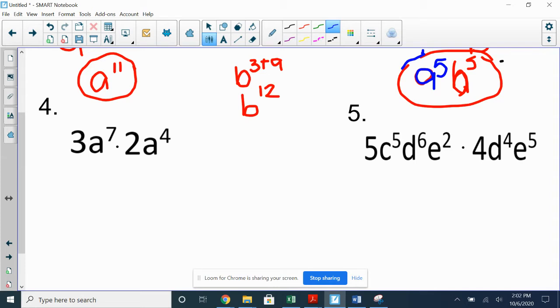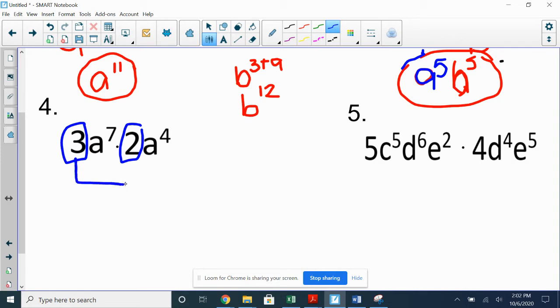I have 3 A to the 7th times 2 A to the 4th. I have a lot of kids get thrown off by this. We are still multiplying our coefficients like normal. So I have a 3 times a 2. Those numbers have no exponents, so you just multiply them like you would regular numbers.